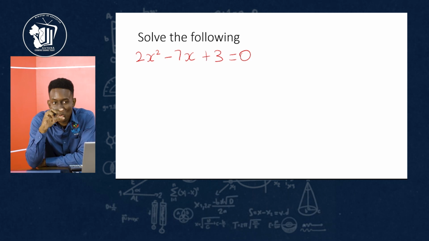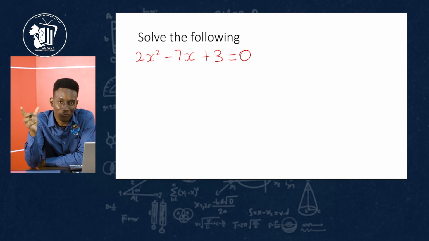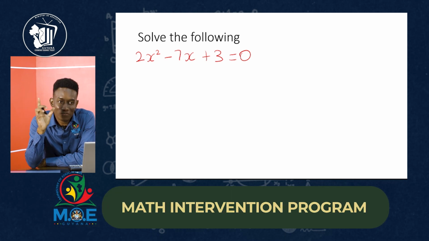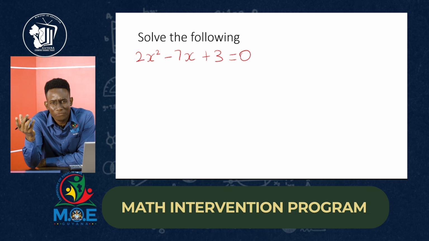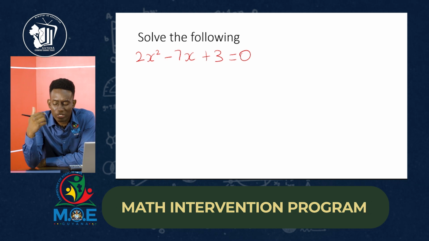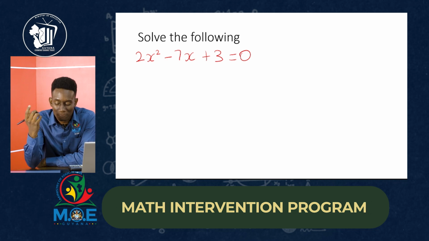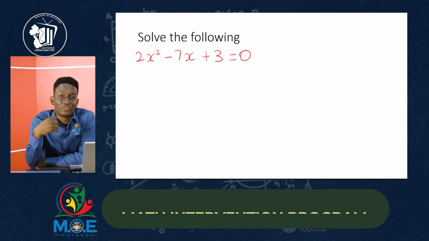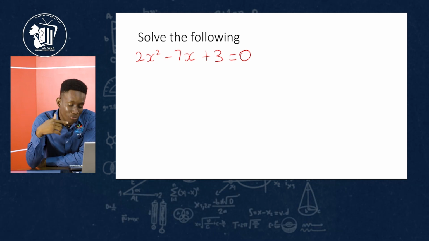We can see this is a quadratic equation because it's in the general form. To solve this, the first step is to factorize this quadratic, and we'll factorize it using the AC method that we learned previously.